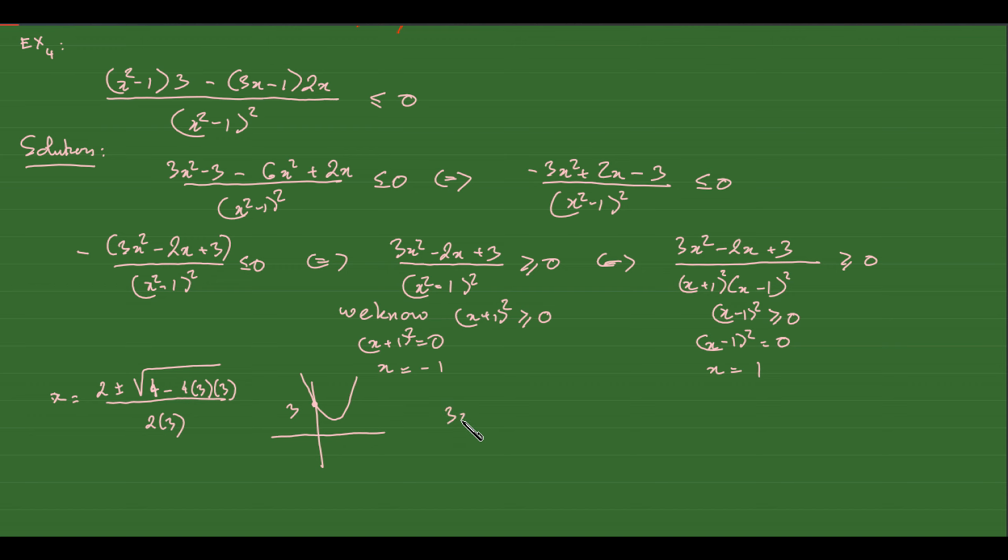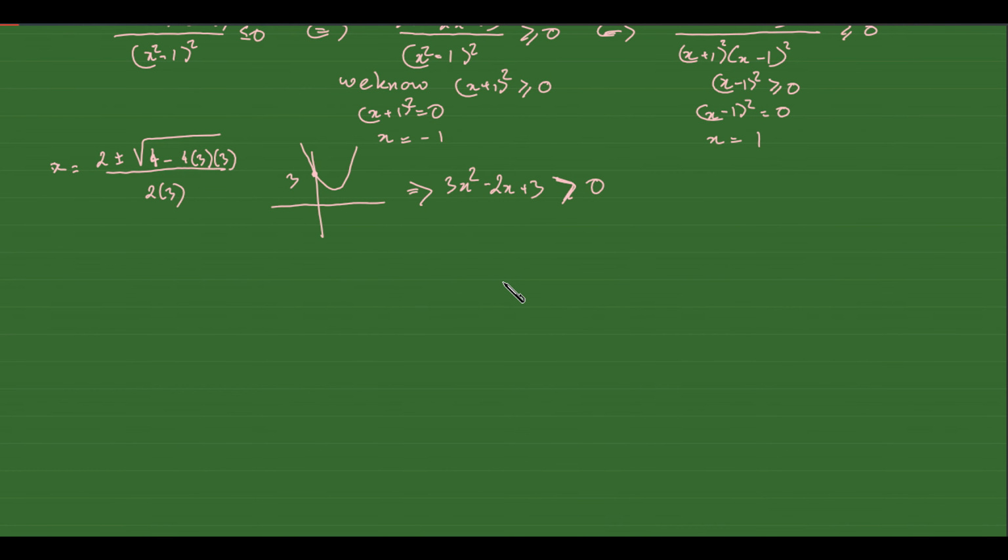So we know that 3x squared minus 2x plus 3 is always greater than 0. It cannot even equal 0. Okay, so it means that we already know the sign of this. It means the positive sign right here. Now we're gonna find a sign for this.